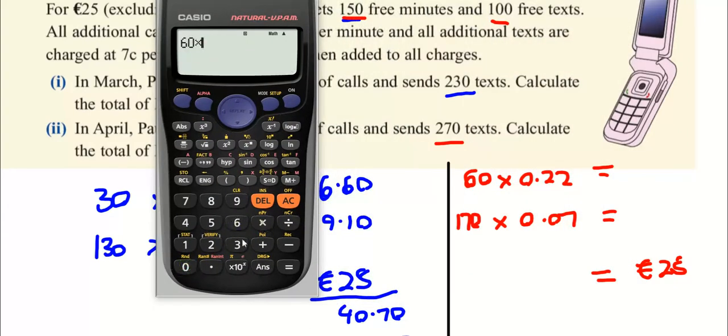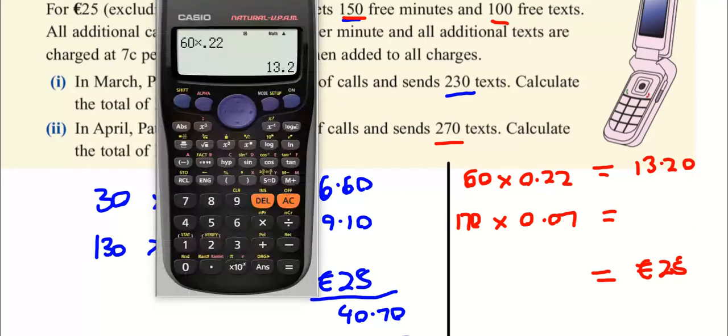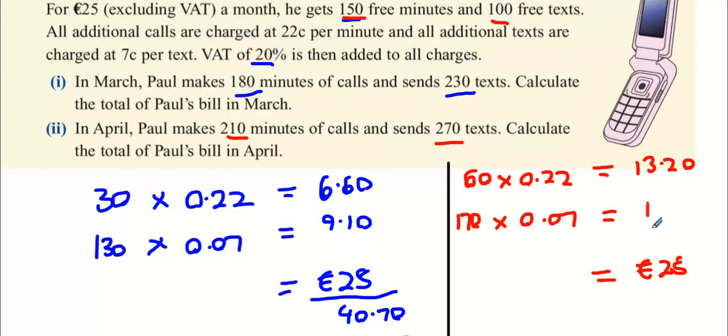So 60 multiplied by 0.22 is €13.20. 170 times 0.07 is €11.90. Add the three of them together.